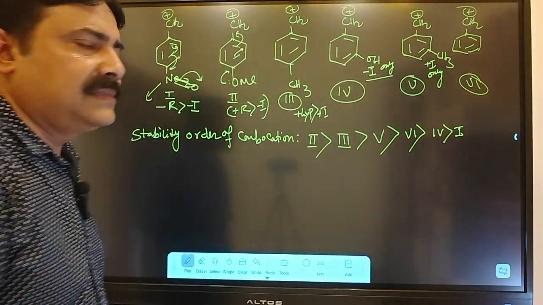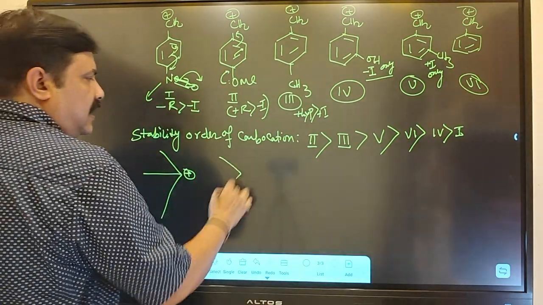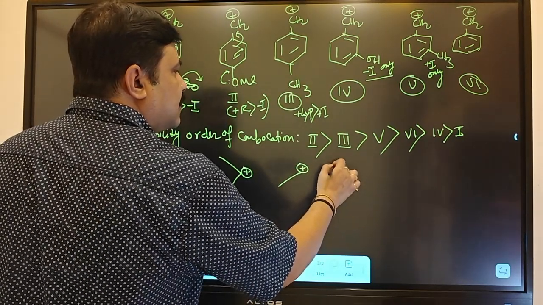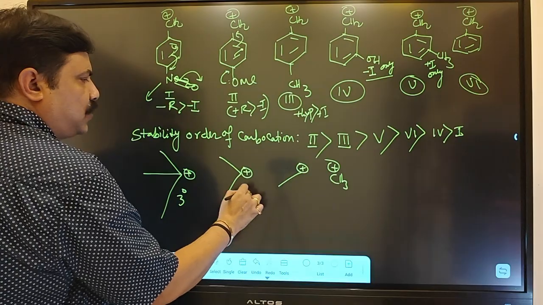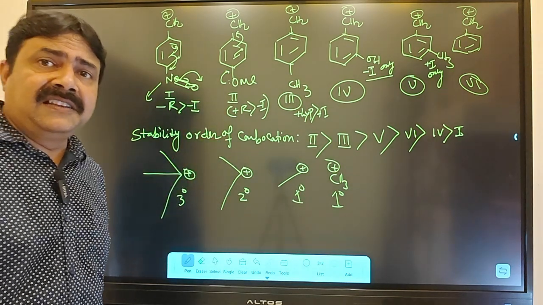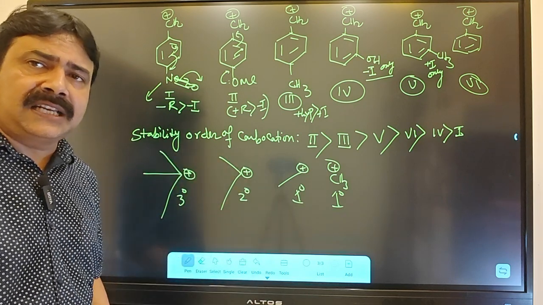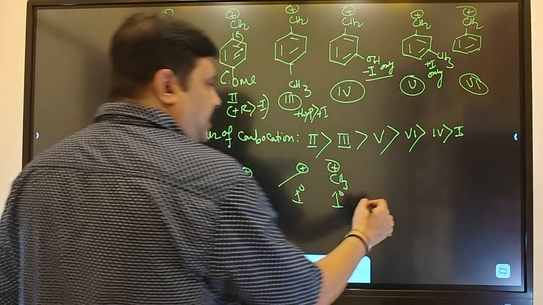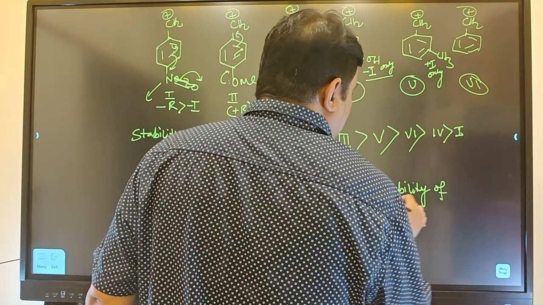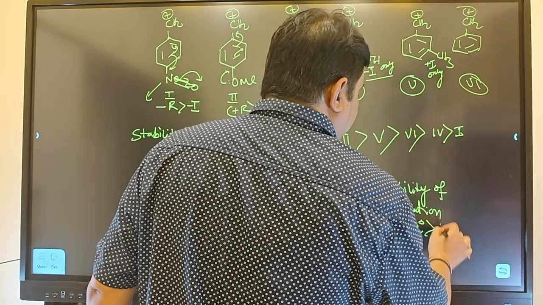That is the stability order. Generally, everybody knows this logic. If you have tertiary butyl carbocation, isopropyl carbocation, ethyl carbocation, and methyl carbocation, these are 3 degree, 2 degree, 1 degree, and methyl. As I explained in the last slide, 3 degree carbocation is more stable than 2 degree, and 2 degree is more stable than 1 degree, due to more hyperconjugative structures as well as plus I. So whenever different degrees of carbocation come into the picture, the order will be 321: 3 degree is greater than 2 degree, which is greater than 1 degree.